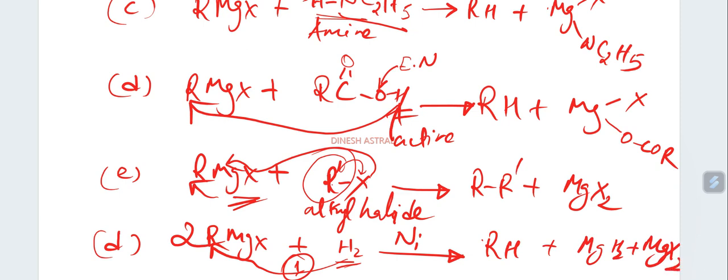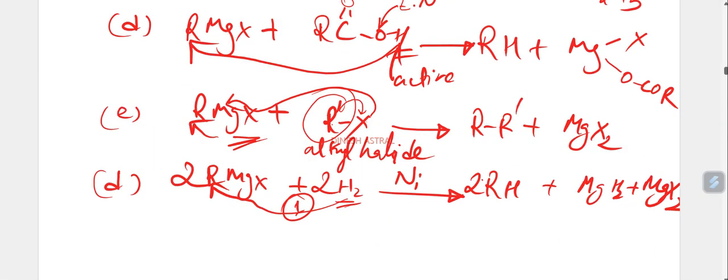So here you need to balance this one, 2 here, 2 here. All these reactions were for the preparation of alkane. So it is done.